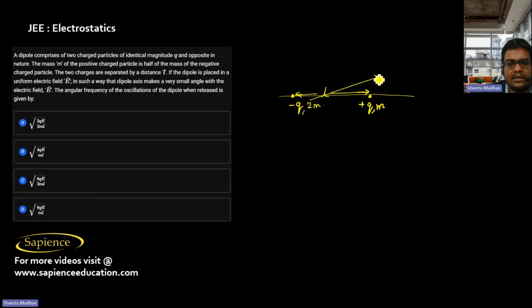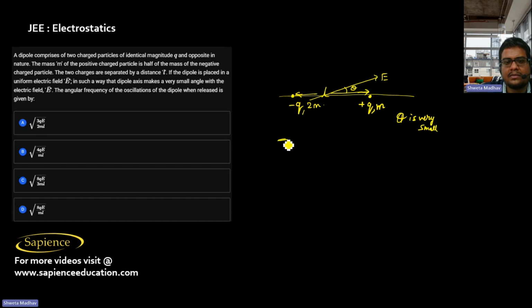So the electric field is like this, and the dipole makes an angle theta with the electric field. This angle theta is very small. Then it is asked: the angular frequency of oscillations of the dipole when released is given by?